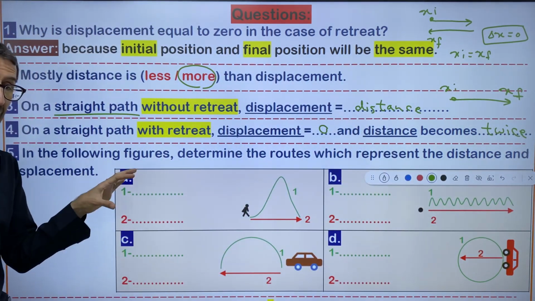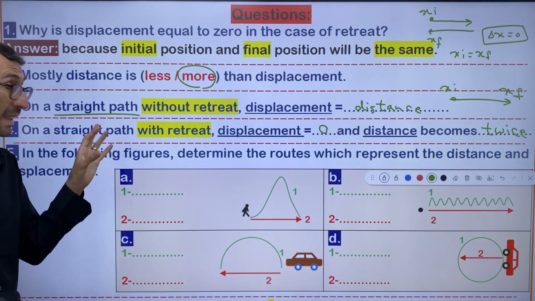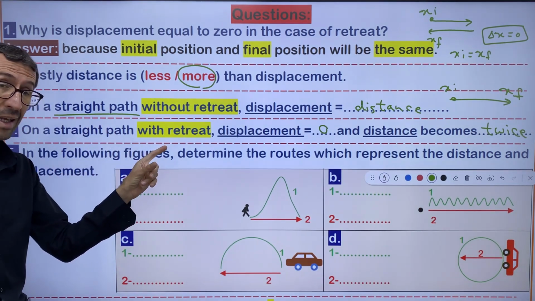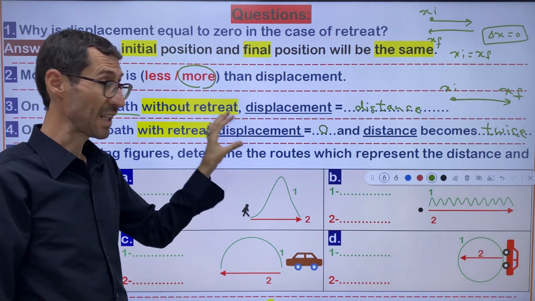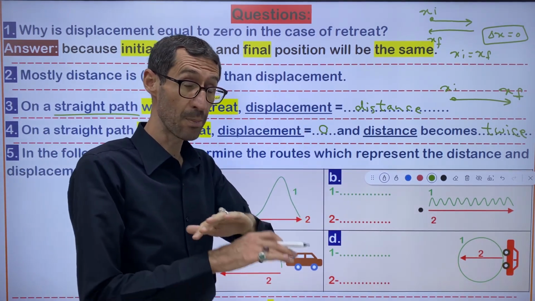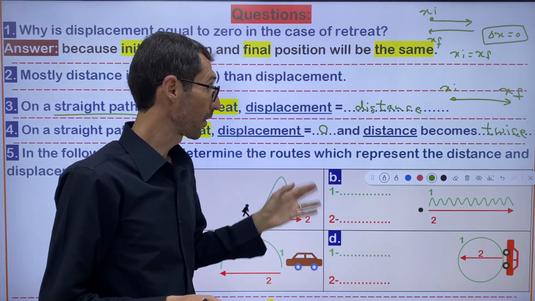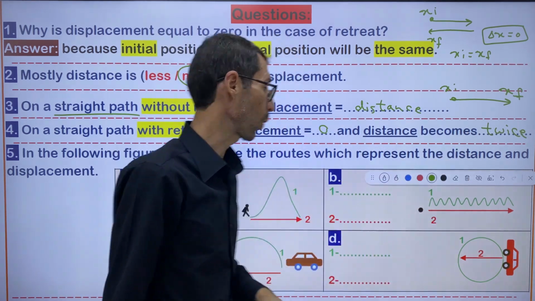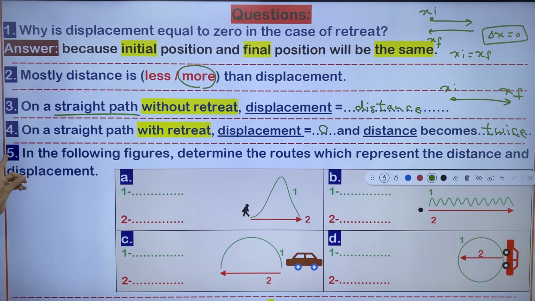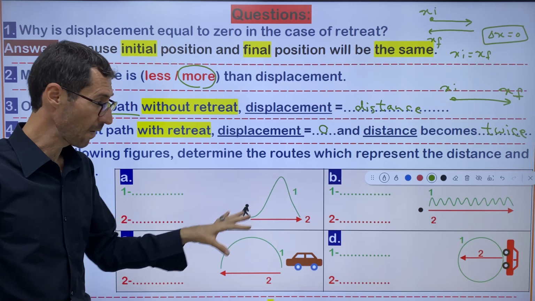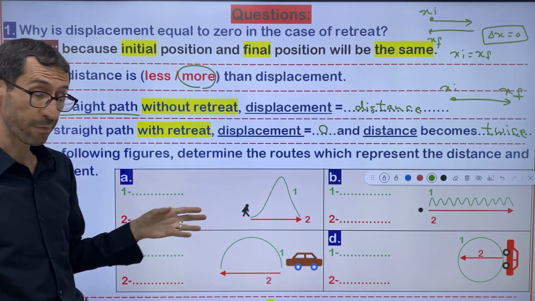Keep in mind that in the case of retreat, displacement is equal to zero, as if the object does not move, right? But distance becomes twice, becomes double, right? Number 5, in the following figures, there are some figures I prepared for you.